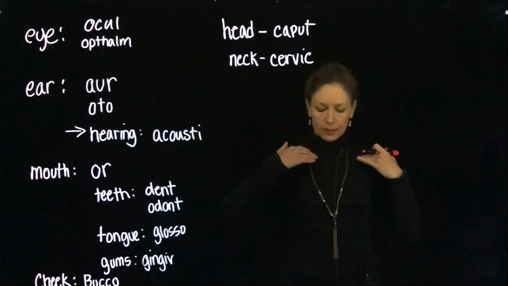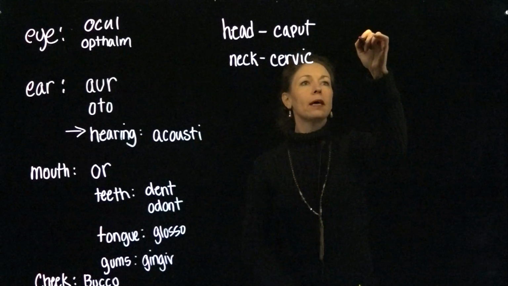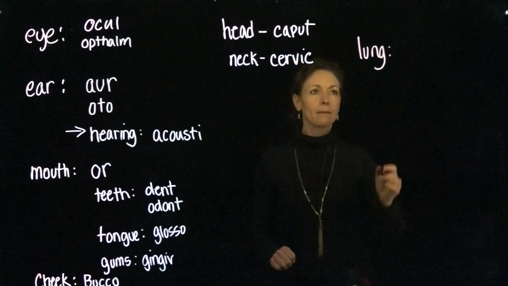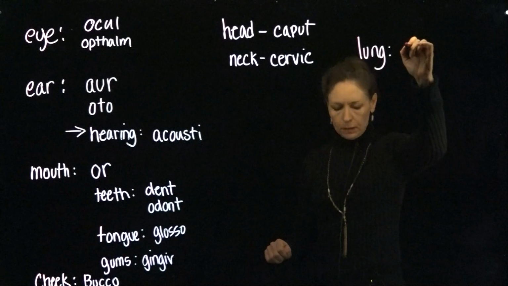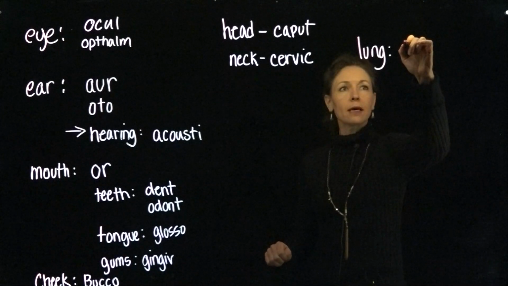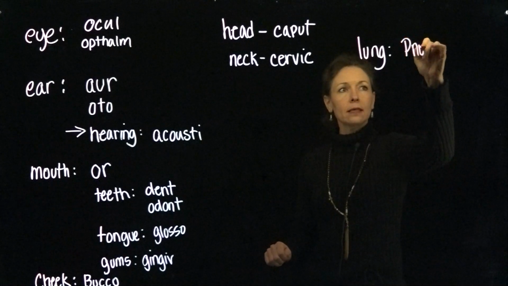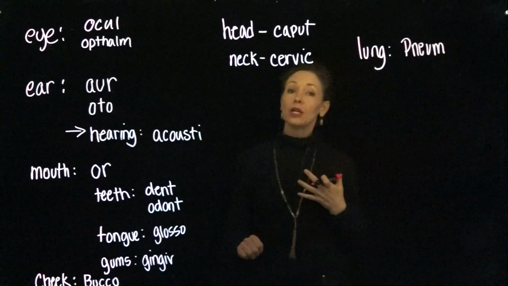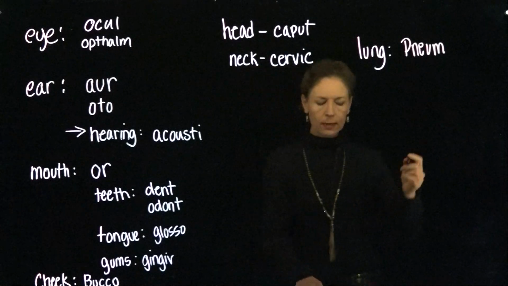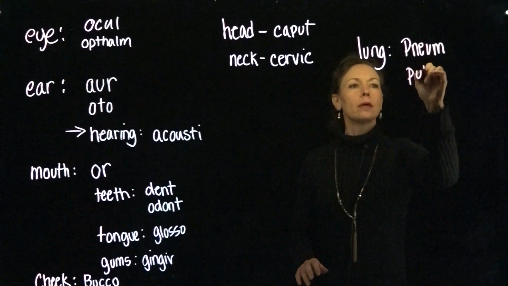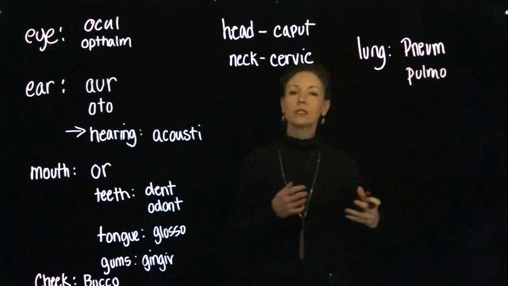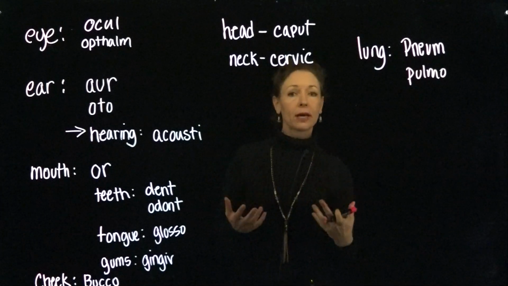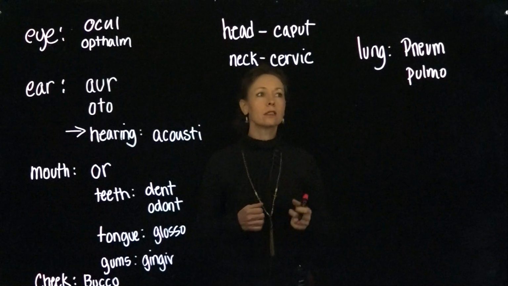We're going to come further down the body now and learn a couple of words for your lungs. I know you know these because you've been using them in class. Pneum, like pneumonia, right? And pulmo. So if someone's talking about the pulmonologist or pulmonary, we're talking about the lungs.